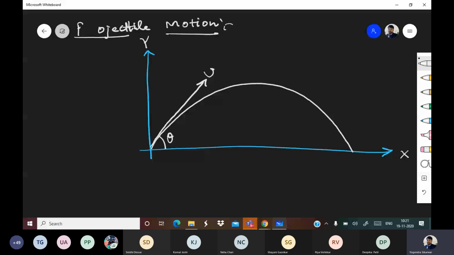This point is O. So this component will be the u cos theta component, and this component will be the u sin theta component. The u sin theta component is basically the vertical component. The u cos theta component is the horizontal component.